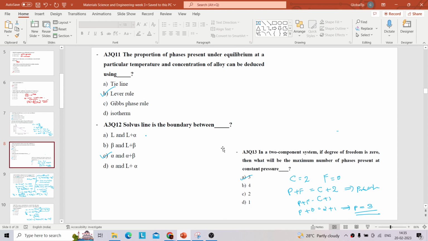I didn't get you. The question is like solvus line and solidus line, right? No, it is like: solidus and solvus line are the boundary between. So even for solidus they are given options, and for solvus also they are given options.